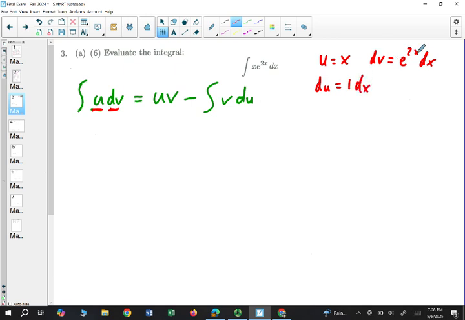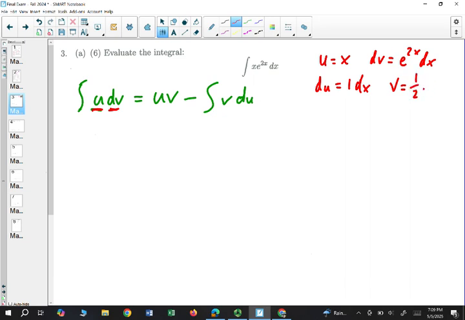If I have dv equal to e to the 2x dx, then integrating this will give me v equals, now we have an e to the 2x. Keep in mind, every time you differentiate e to the 2x, you're going to end up multiplying by 2, which is the derivative of 2x. To offset that, we're going to multiply by a half here, because we're integrating.